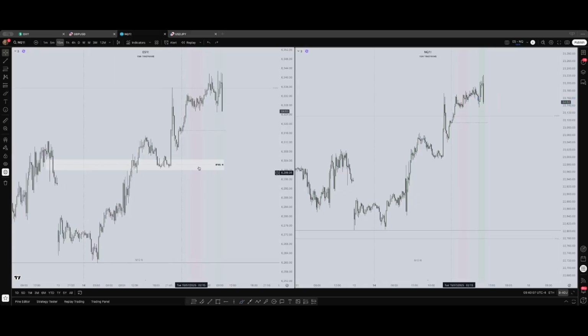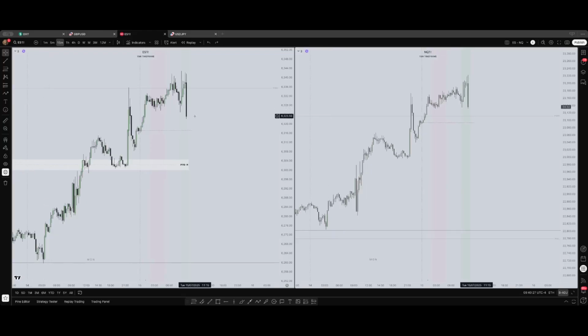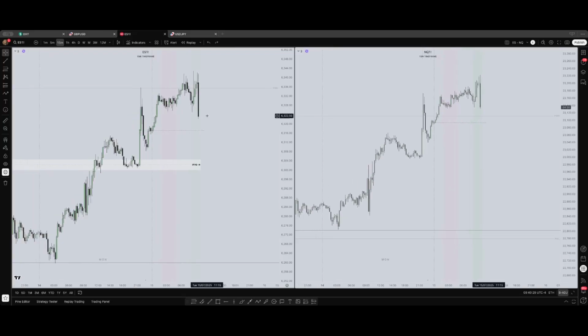Remember, in this case it will be a bearish breaker. High, low, higher high, breaks, comes back to this lower point, drops. Okay.